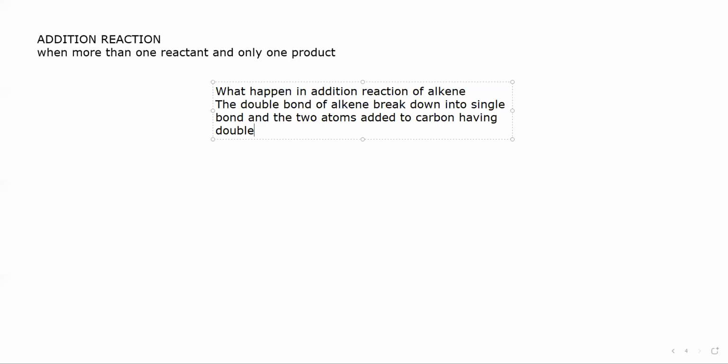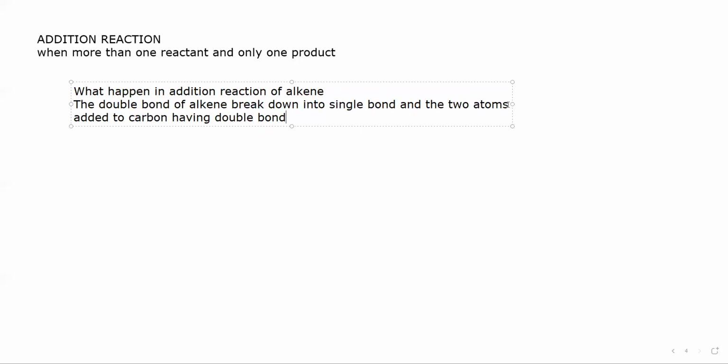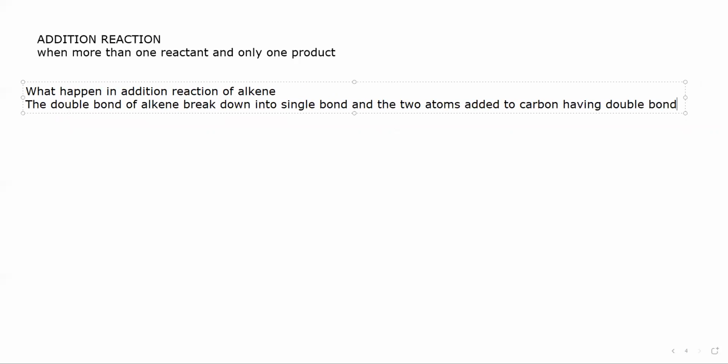I'll explain this statement. This is generally what happens in addition of alkenes. The double bond will break into a single bond and the two atoms are added to the carbons which were having the double bond.